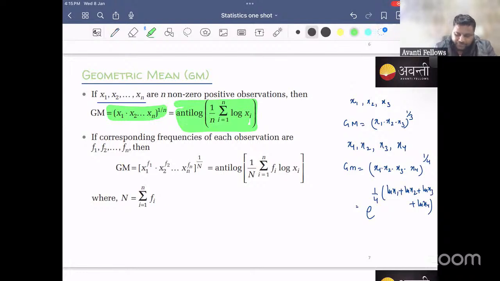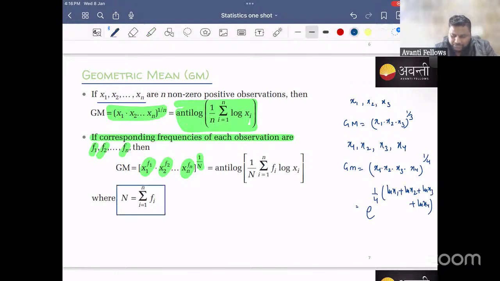Now, if the corresponding frequencies of each observation are f1, f2, f3, in that case, geometric mean will be x1 to the power f1, x2 to the power f2, up to xn to the power fn, whole to the power 1 by n, where n is the sum of all the frequencies. Got it? If you remember these things with these two examples, x1, x2, x3 and x1, x2, x3, x4, that would be quite clear to you.